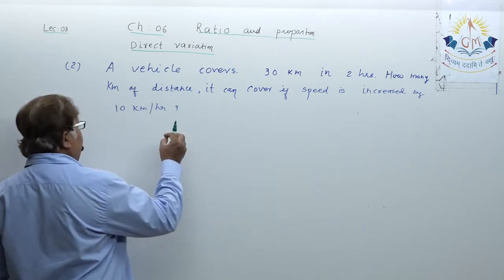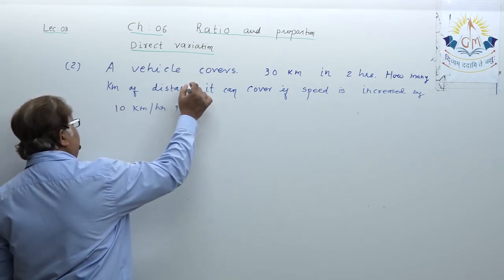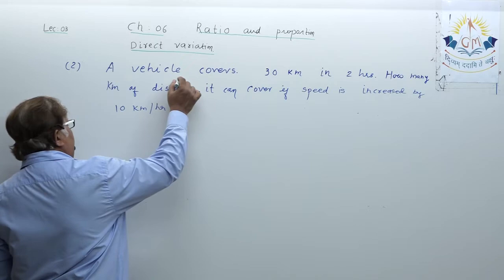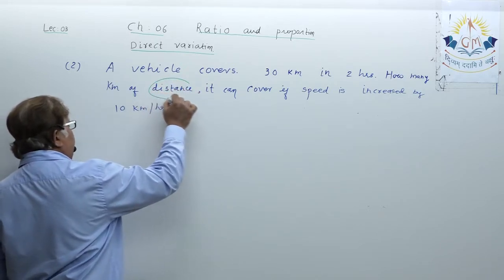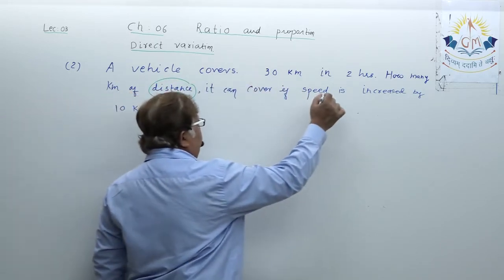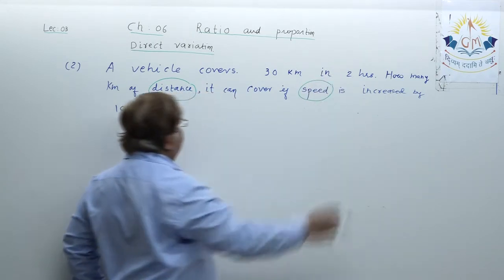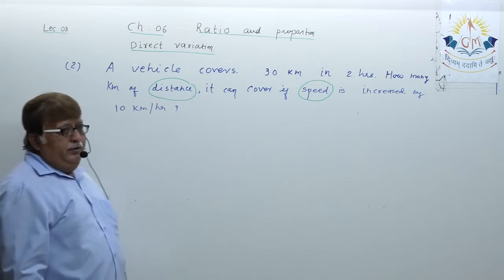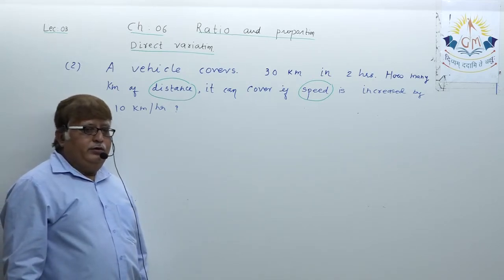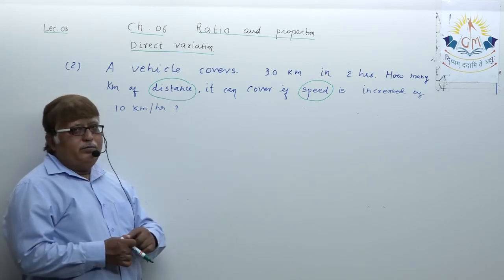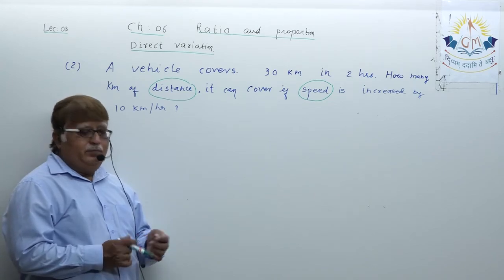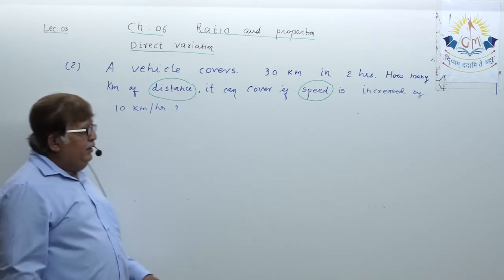You have to establish a relation between distance and speed. Just mark it. Very important clue point. Otherwise, just by reading the whole example, you are not getting any clue.